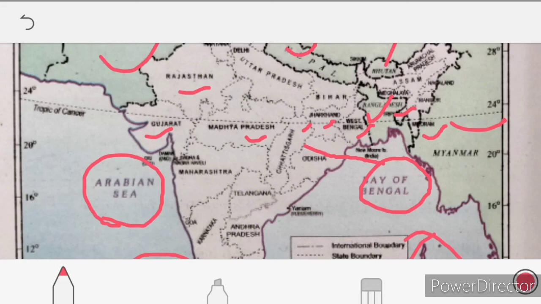We see the dotted line of the Tropic of Cancer.